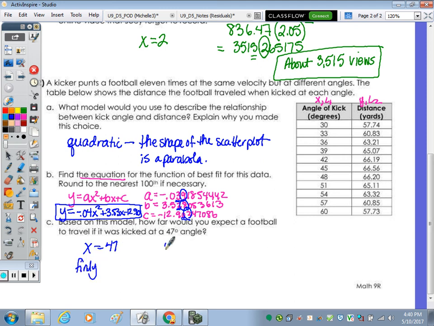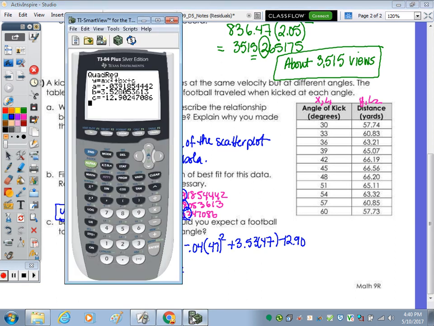So when we plug it in, y equals negative 0.04 using our equation, and then 47 squared plus 3.53 times 47 minus 12.90. So in doing the math, it doesn't say to round.